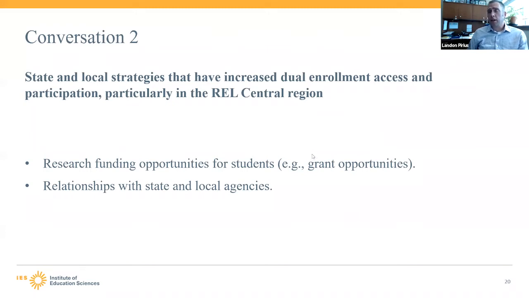So for us, concurrent enrollment is largely what you're going to see in Colorado. We do have P-TECH, we do have early college, we do have some dual enrollment with some of the state universities, but primarily about 85% of the opportunities for students in high school to take college credit in the state is through the community colleges and concurrent enrollment. And for us, most of that is actually done at the high schools.